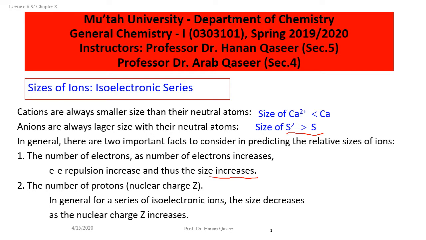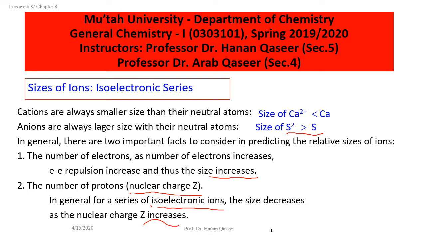Number two, number of protons اللي هي عدد البروتونات في نواة الذرة اللي هي نحكي عنها nuclear charge Z. In general, for a series of isoelectronic ions, the size decreases as the nuclear charge increases. هنا في عندي مصطلح isoelectronic ions.